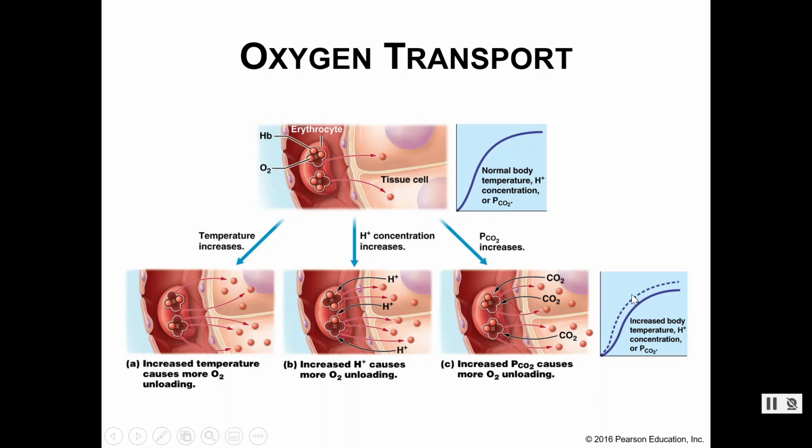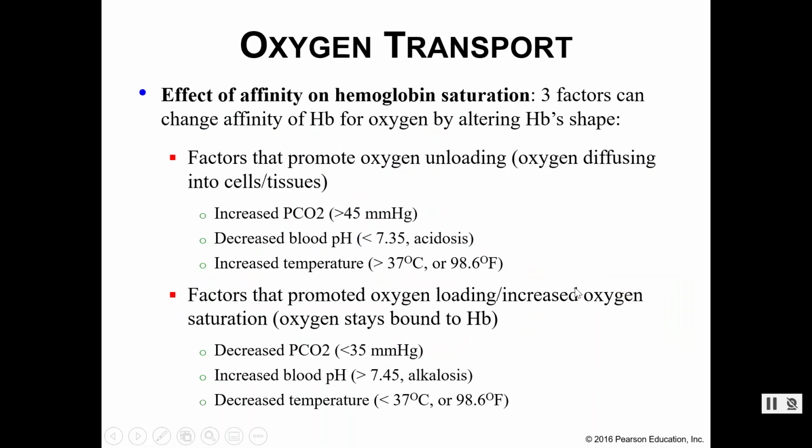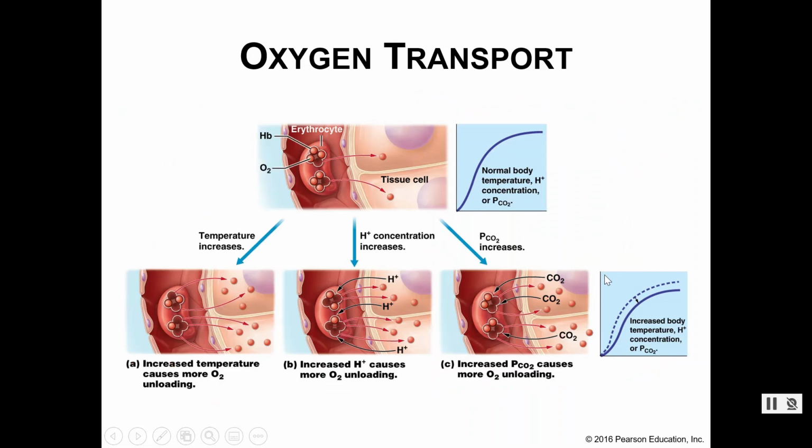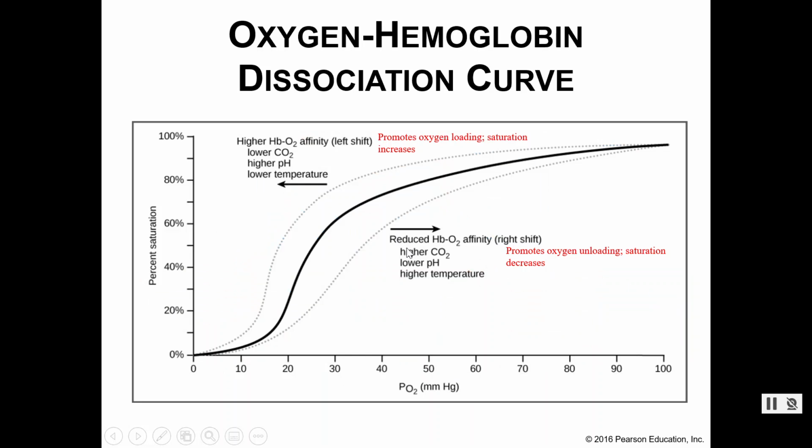That's one thing we hadn't talked about, but all of these factors are going to change what this curve looks like. So in this picture, unloading, we go from the dotted line. We have a right shift. That's what it's called. Everything's moving to the right. It almost looks like it's moving down, but it's technically moving to the right. See, look, it's moving to the right.